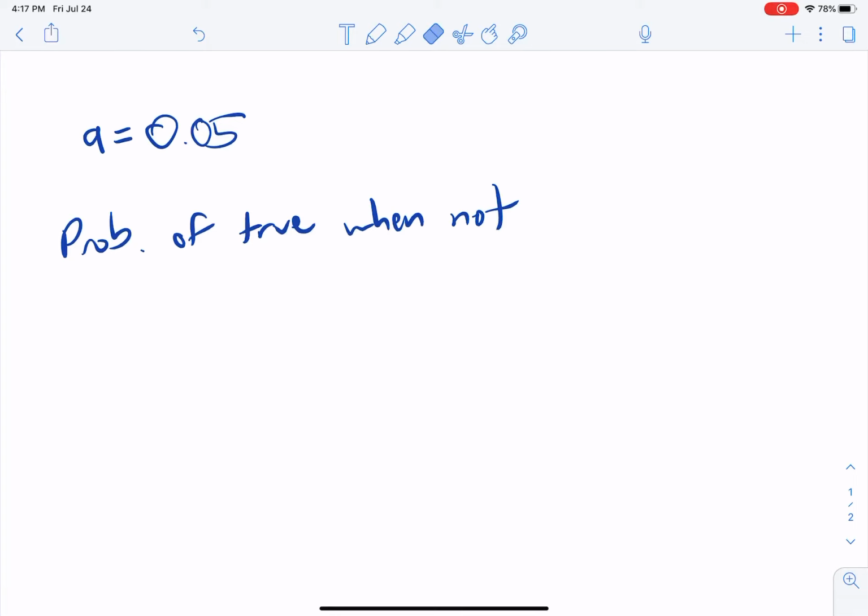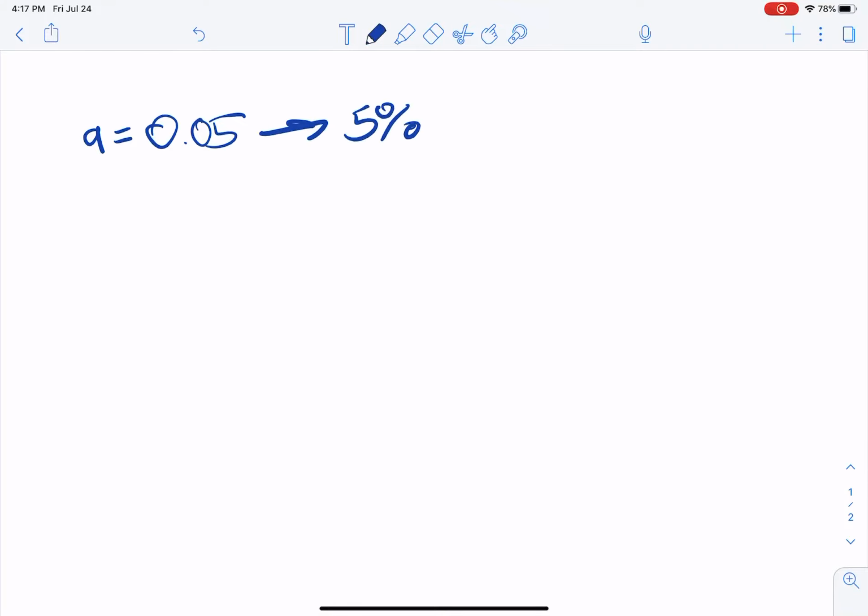But essentially what we're saying is we're cool with up to a 5% chance of our data occurring totally from chance, right? So if we're looking at the difference of two means, we're okay with a 5% chance that the difference that we saw is just due to randomness. And if we were to do it again, then we would more likely see that there is no difference.